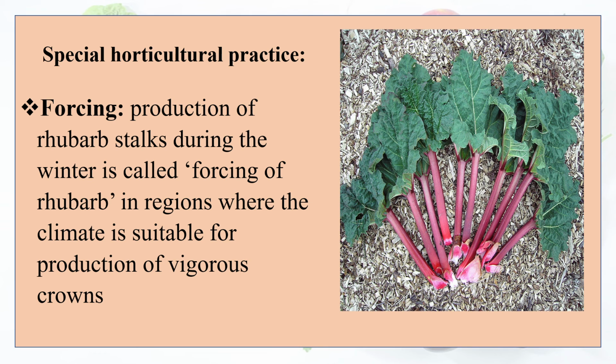The leaves are yellow and the stalks will be pink or an attractive red in color, with good quality. And one more thing in forcing rhubarb is the leaf blade. The expansion of the leaf blade will be little.